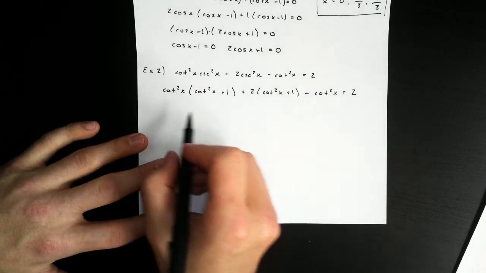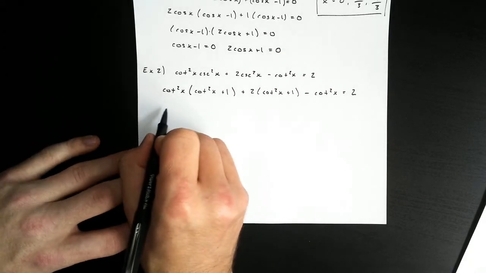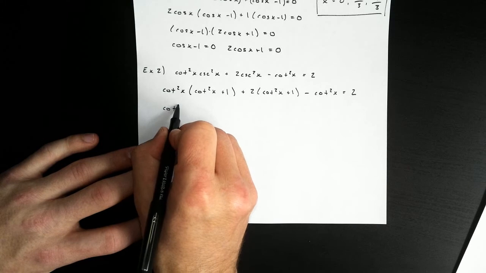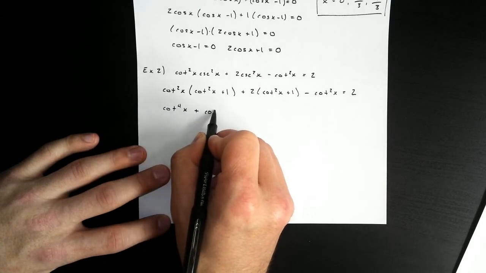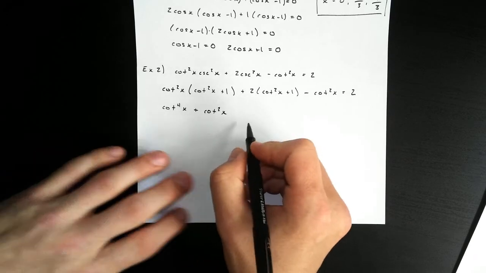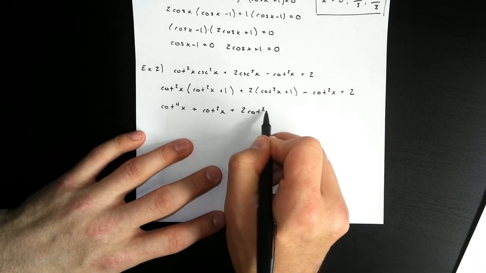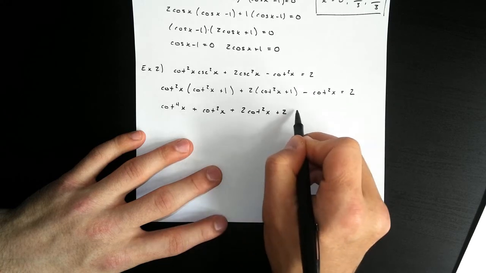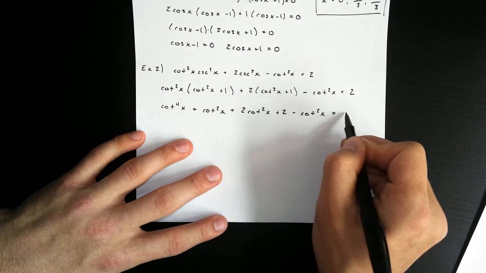So we need to do some distributing. Cotangent squared times cotangent squared, that's cotangent to the 4th. And then times 1, distributing the 2 to cotangent squared plus 2, and then minus cotangent squared is equal to 2.